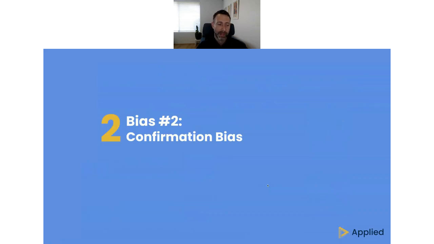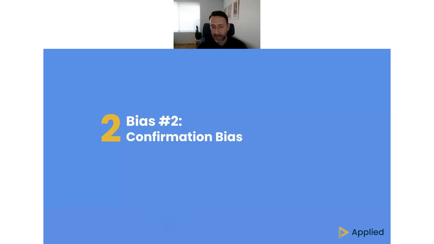So if you just use a status quo hiring method and don't really consider how bias is impacting your decisions, it can cause your outcomes to deteriorate.